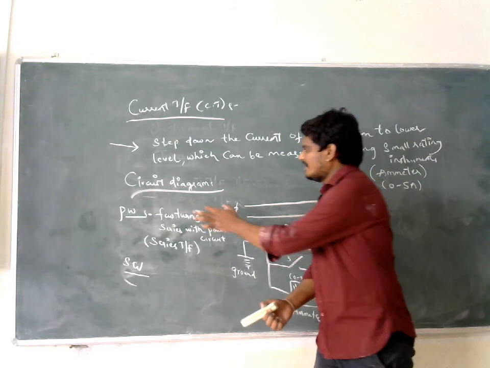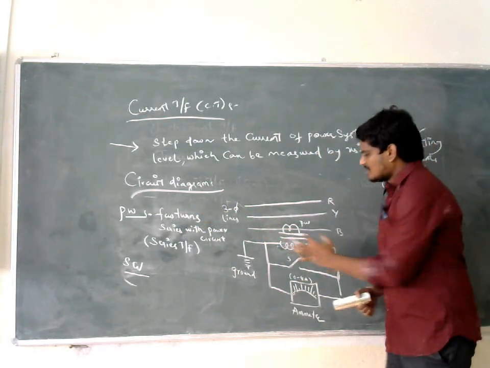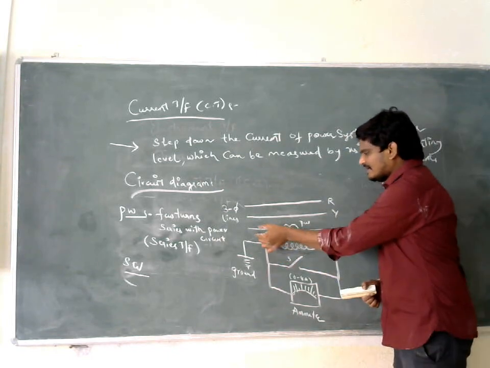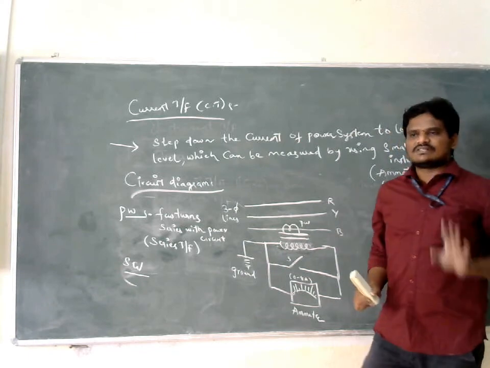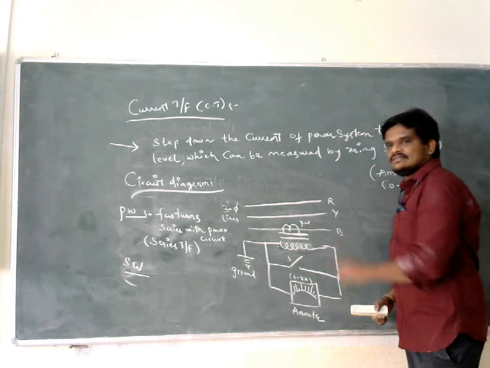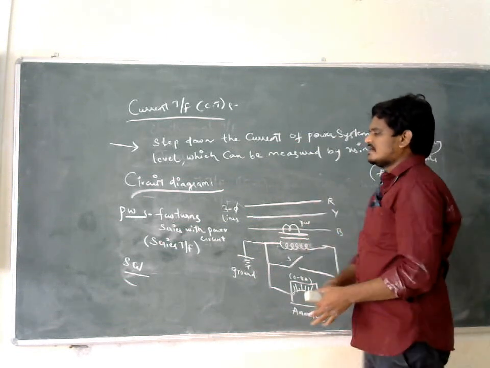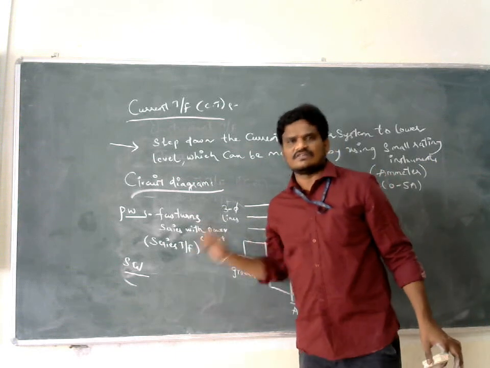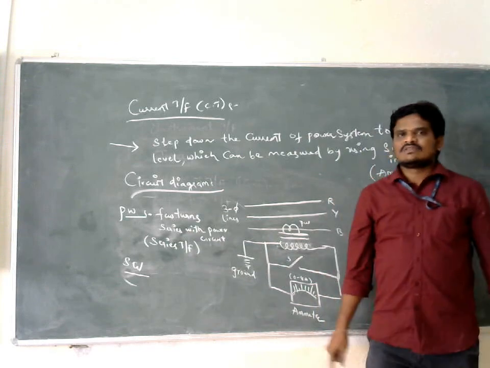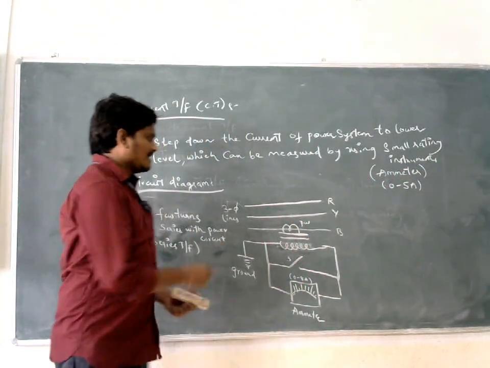The primary winding of a current transformer consists of only few number of turns and it is directly connected in series with the power circuit. Due to that reason, current transformer sometimes can also be called as a series transformer.